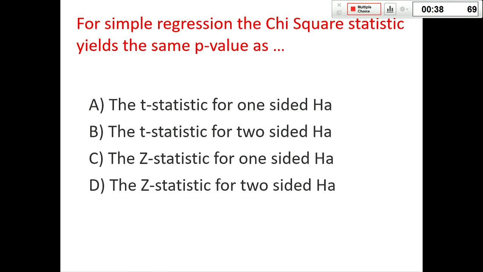Okay, I'm going to stop it pretty soon. The chi-square, we're talking about the chi-square here. Okay, let's stop that. Just pick something, and let's see what you picked.